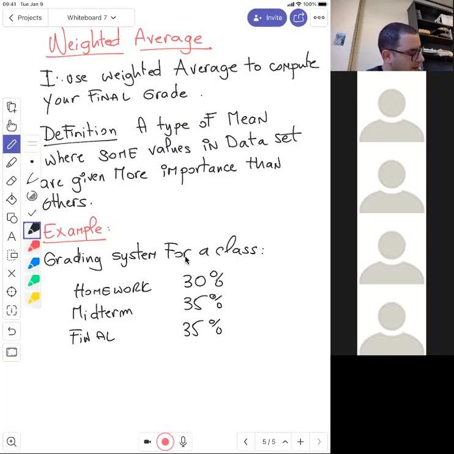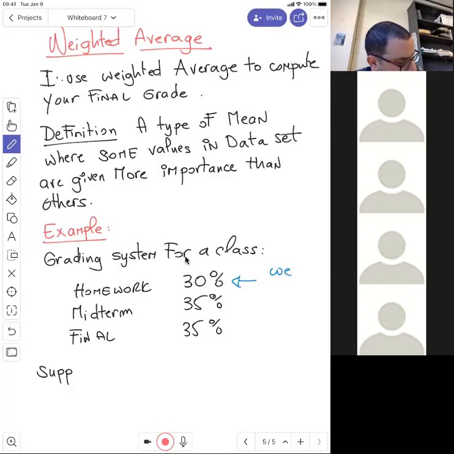Suppose a student got, so actually 30% for the homework, 35% for the midterm, 35% for the final. So these percentages here are called the weights. The weight of the homeworks is 30%.